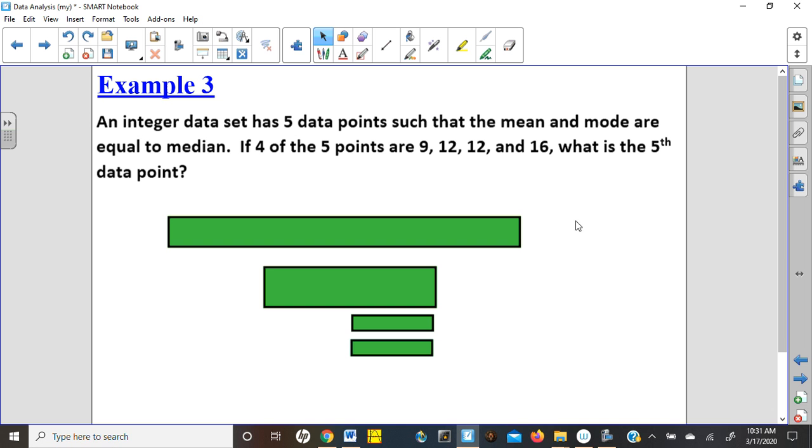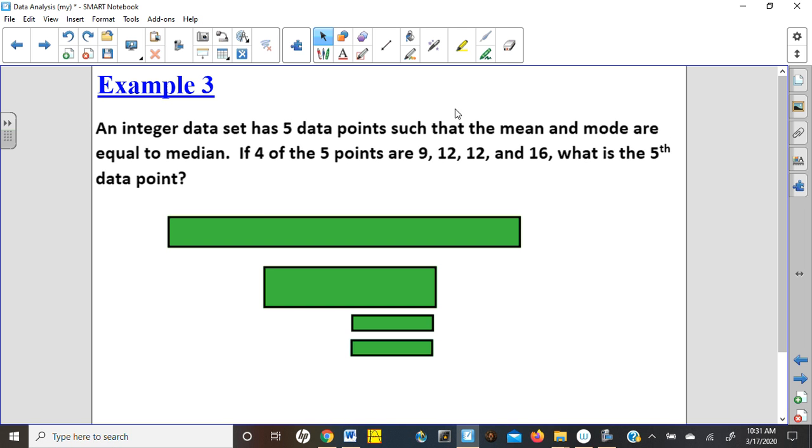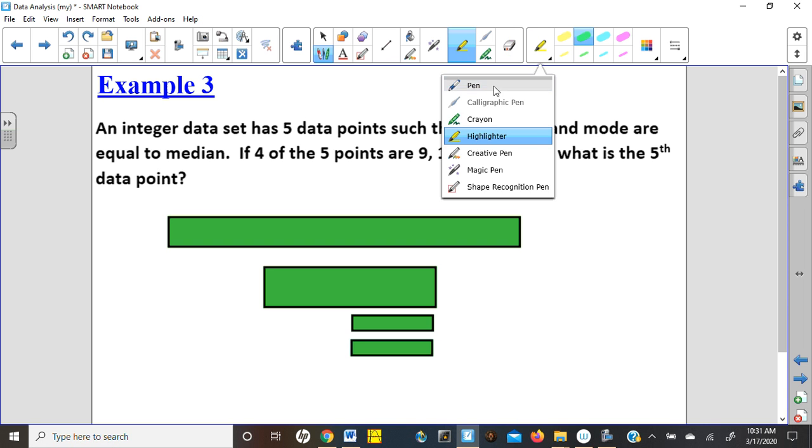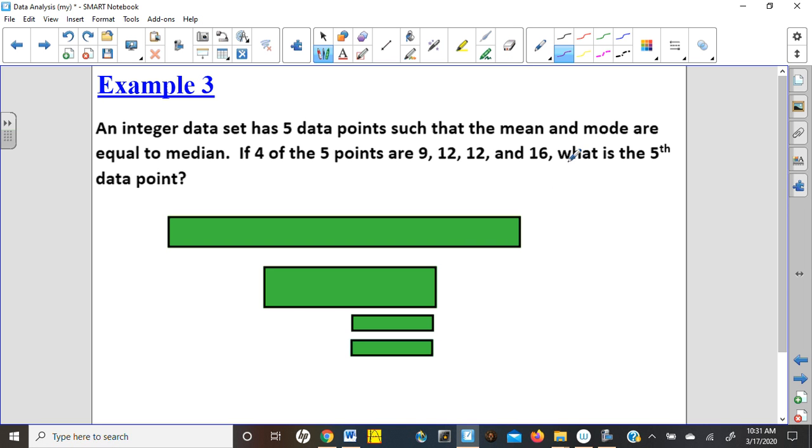And so far, we've got a mode, which is 12. And if I lined up what I have so far, and they are in order, 9, 12, 12, 16, you know, the middle number here is going to be 12.